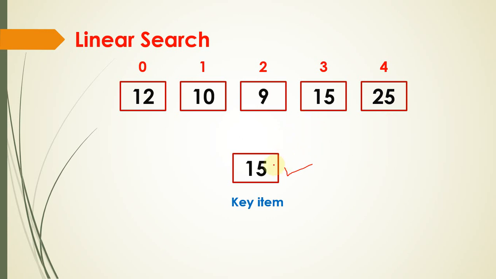But it will not be so with a large list which has crores of elements or a few thousands of elements. Searching for the key item 15 in 1000 values, or 10,000 values, or 50,000 values, or 1 lakh values, it is difficult to say where exactly 15 is. So for the small list or the larger list, we will go through a particular algorithm.